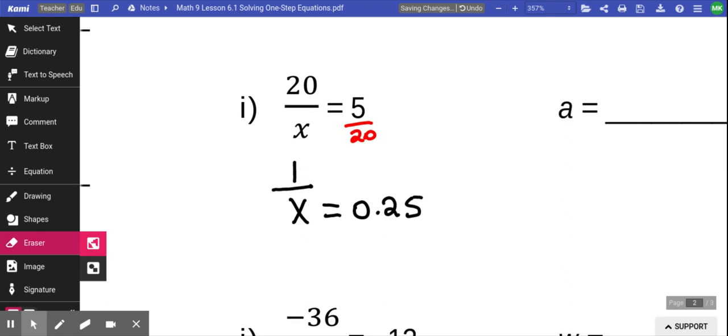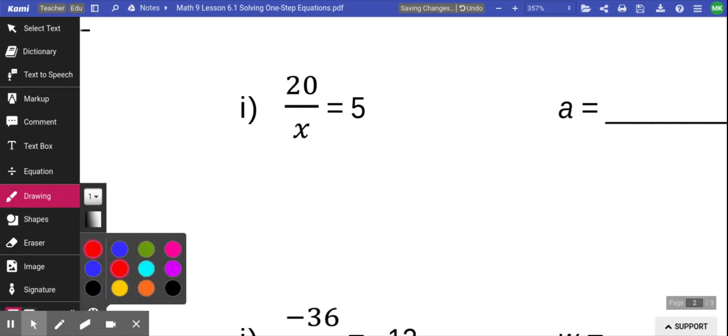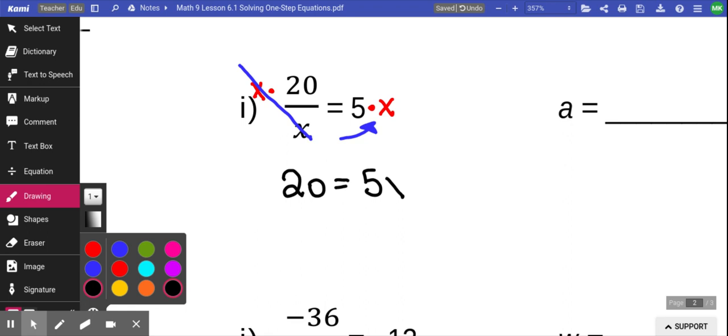So instead, what we do is we realize the variable is in the denominator, and we need to get that variable off the denominator. The way that we do that is by multiplying both sides by x. This will cancel the x's on the left, and it'll move the x's to the right side, giving me a new equation of 20 equals 5x.